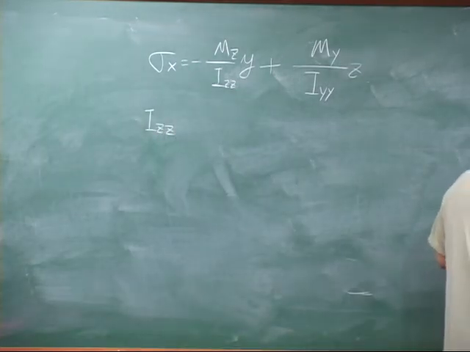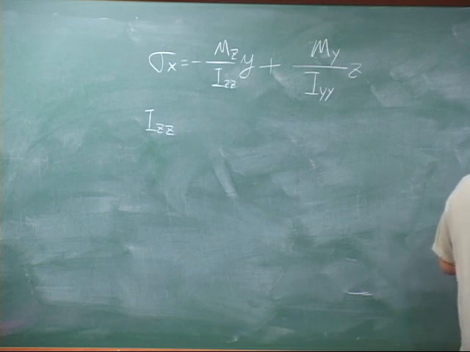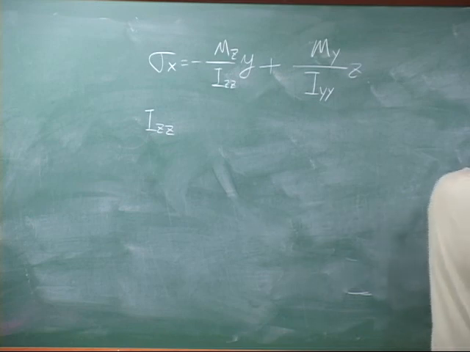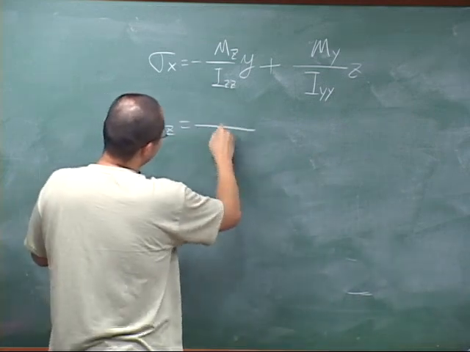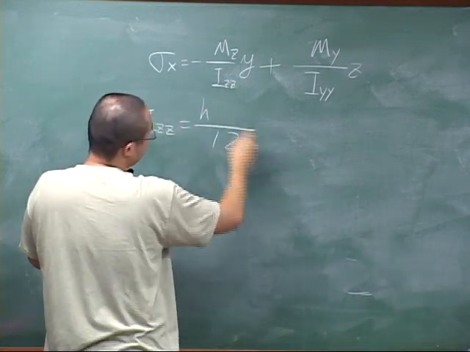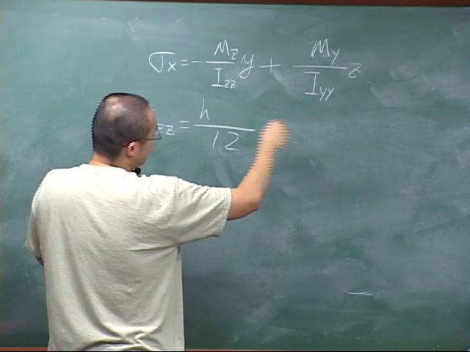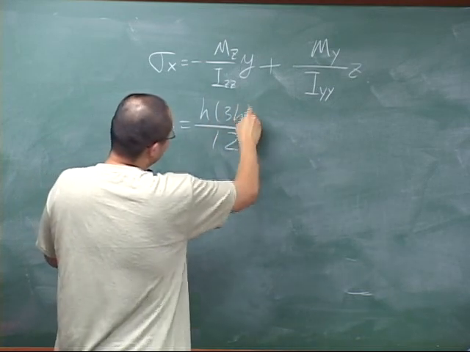this is h, and this is 3h. So Izz is the moment of inertia about the z axis, right? So b here is h, and the height is 3h.